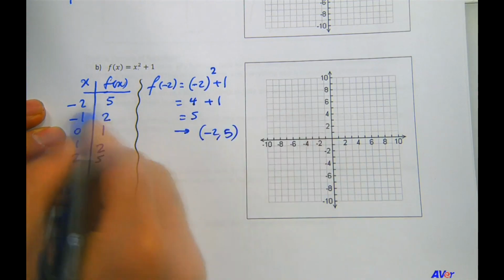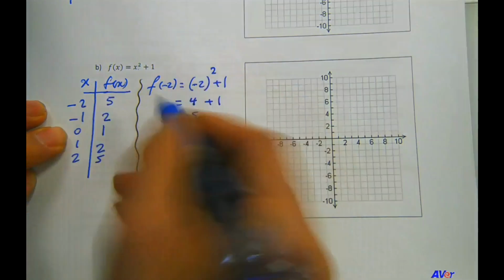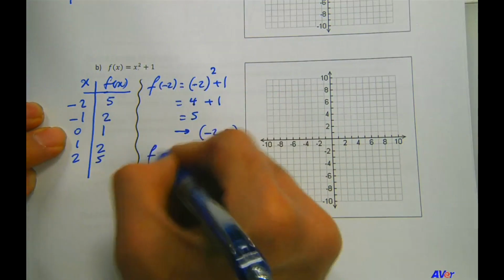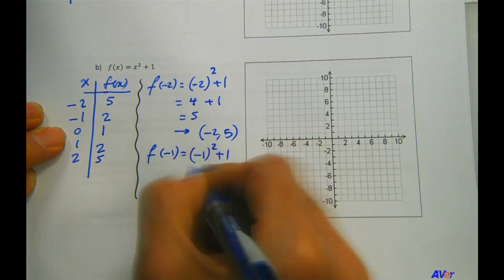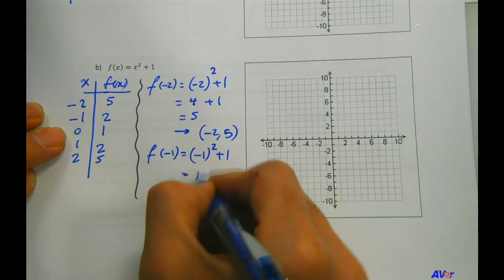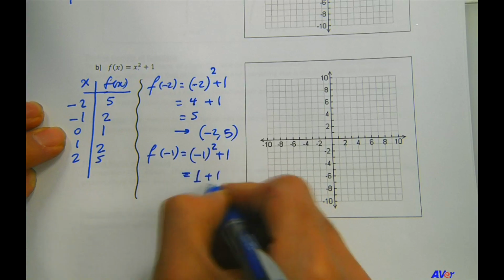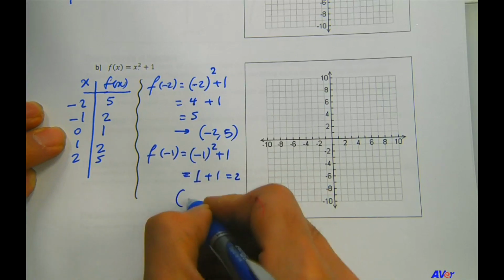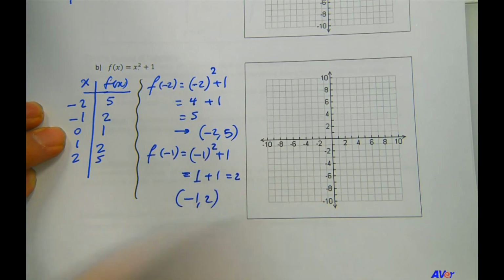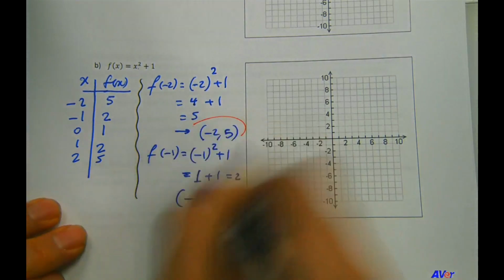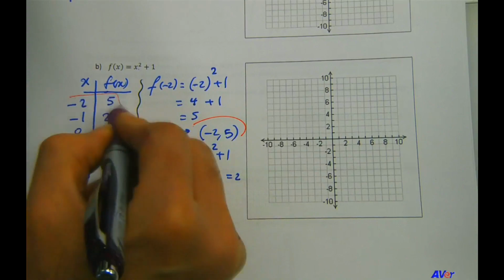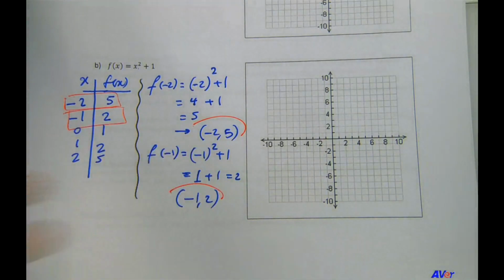That's what you see here. Let me do another one at negative 1. So the function at negative 1 equals negative 1 squared plus 1. Negative 1 squared is positive 1 plus 1. It's equal to 2. So we end up with negative 1 comma 2. Okay? So these two values are what you see here and here. And the rest you can do the same.